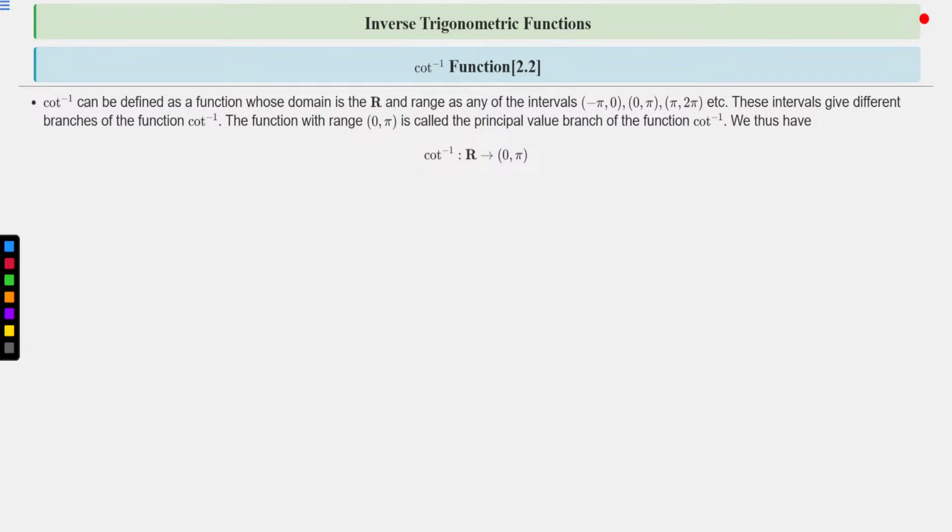Because cot theta will not be defined at any multiple of pi. That is, at 0 and pi, sin theta will be equal to 0, so cot theta will not be defined. Got it?